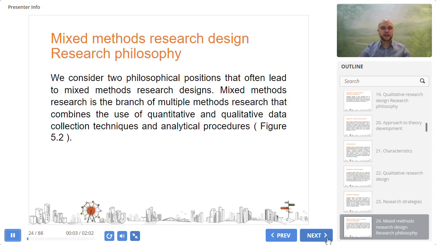So, mixed methods research design, and let's start from research philosophy. We consider two philosophical positions that often lead to mixed methods research designs. Mixed methods research is a branch of multiple methods research that combines the use of quantitative and qualitative data collection techniques and analytical procedures. In a previous section, we discussed the philosophical position of realism, and in particular that of the critical realists.